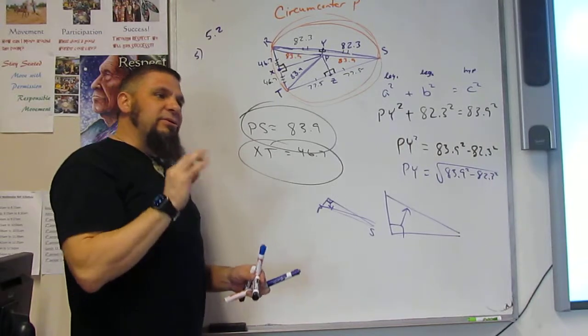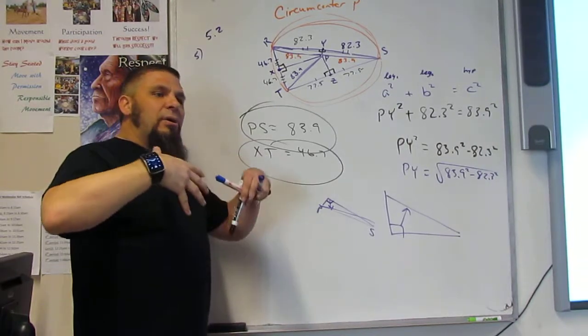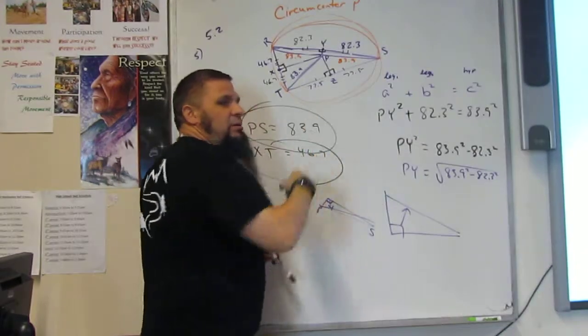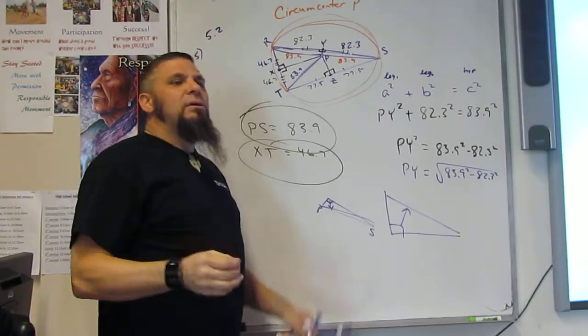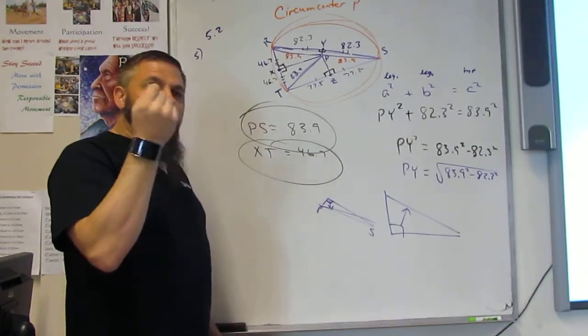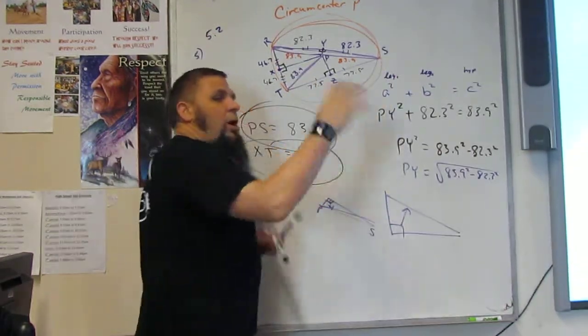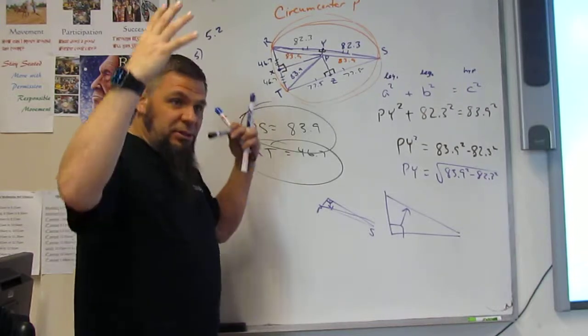It's the center of the circle, and the vertices of that triangle, T, R, and S, will always be on that circle.